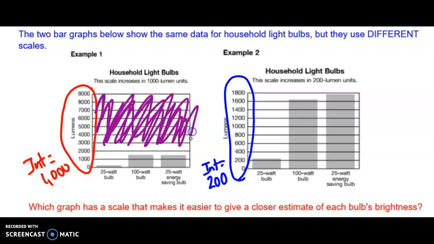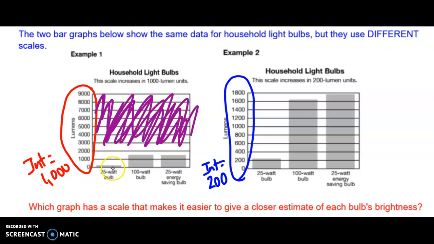And when we talked about graphing yesterday, I said the point was that graphs were supposed to create a pretty little picture where the information pops. That information is not popping, because if I look here at this 25 watt bulb, it's somewhere between 0 and 1,000. It looks like it could be like 200, 300. I'm not sure.